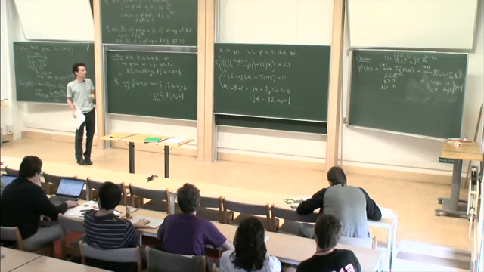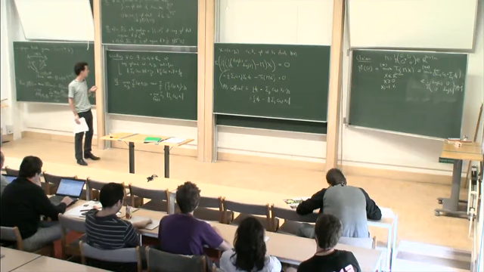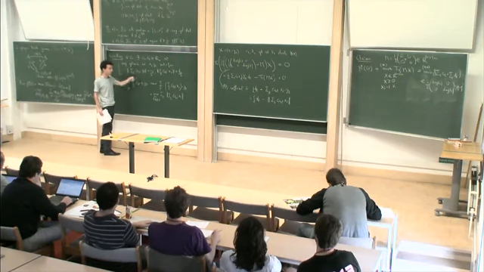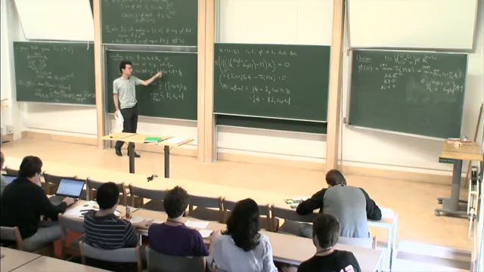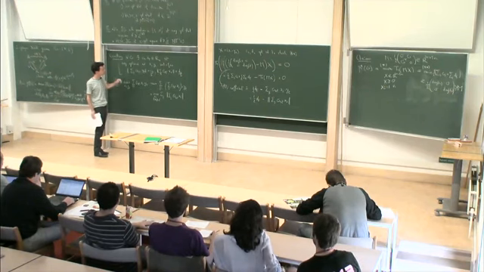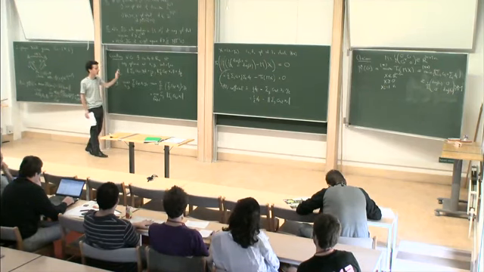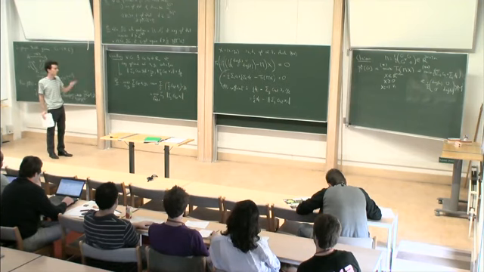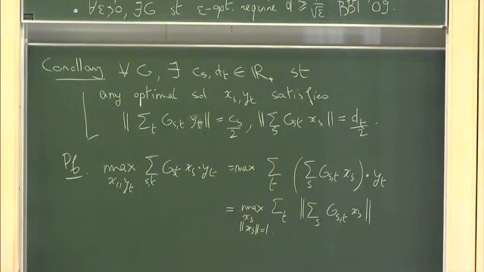I get these real coefficients CS and DT, and what these real coefficients are telling me is simply what is the norm. If I take an optimal vector solution, XS and YT, what is the norm of these sort of marginals here? It's just saying what are the norms there. This is not too surprising. I mean, I just did a calculation and fine, there's these relationships that hold, right?